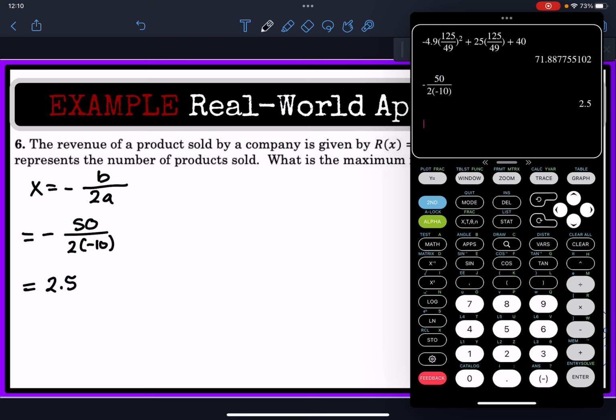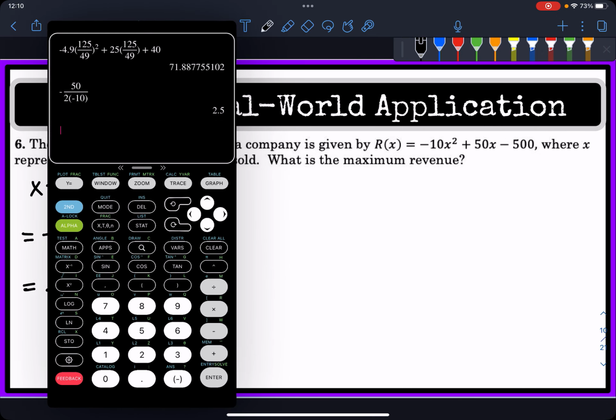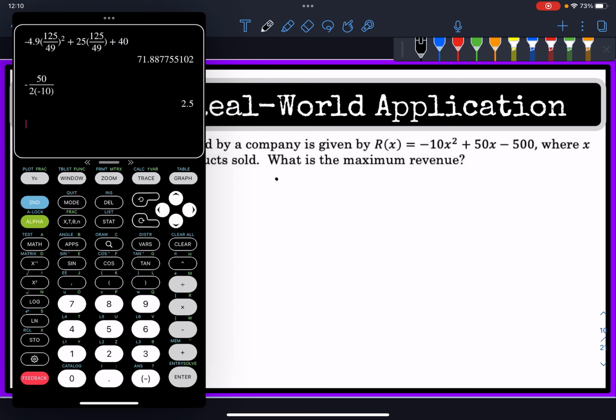Now to figure out what the actual maximum value is, I'm going to replace the value of x with 2.5. And this right here should be plus, not minus 500, plus 500.